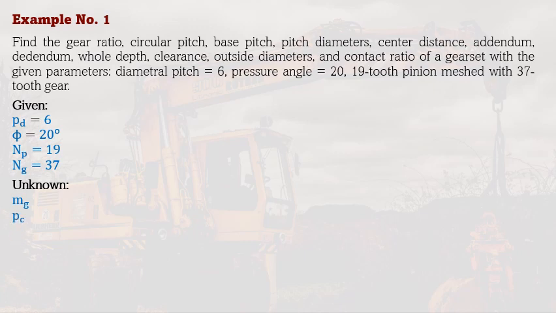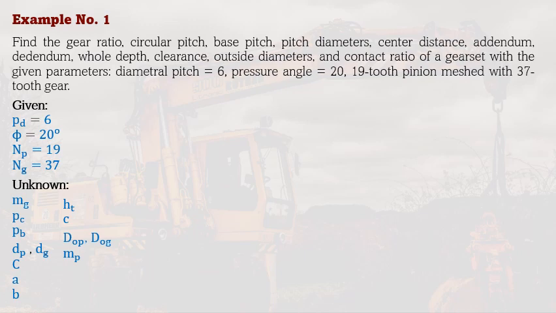We have circular pitch, base pitch, the pitch diameters of both the gear and the pinion, the center distance, the addendum, the dedendum, the whole depth, clearance, the outside diameter of the pinion and also of the gear, and the contact ratio of the gear set.